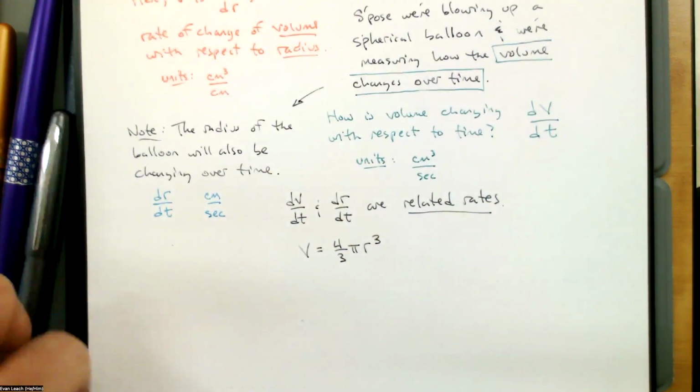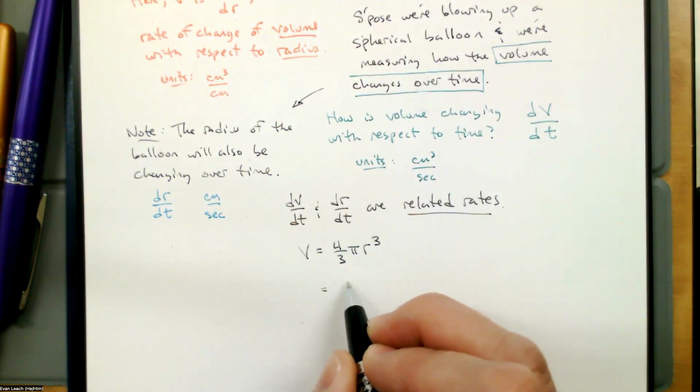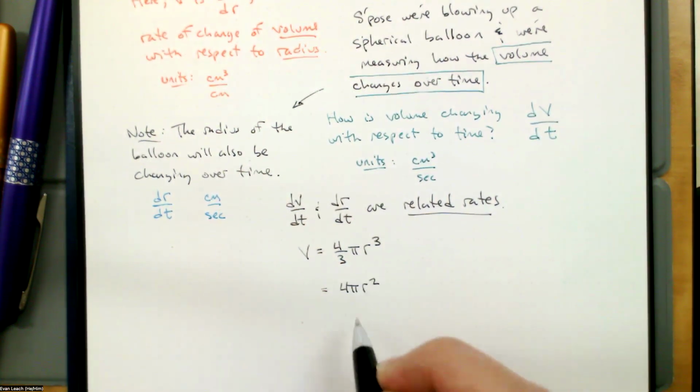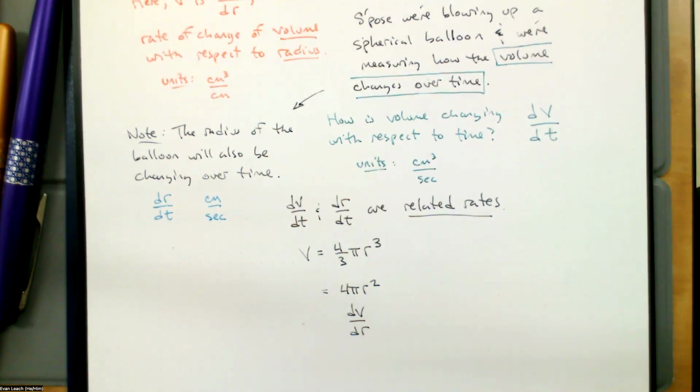Earlier, we had taken the derivative of 4/3 pi r cubed, and we got 4 pi r squared. That was the derivative of volume with respect to the radius.